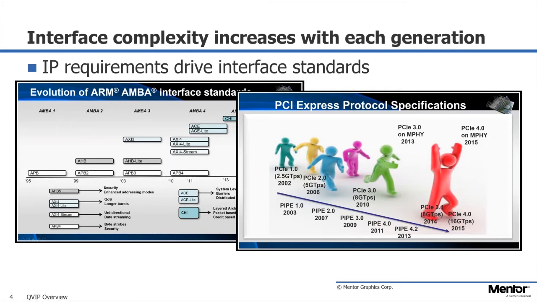If we look at PCI Express, in 2002 when PCIe first started, we were talking about a 2.5 gigabit type interface. Those interfaces have gotten more and more complex, to the point that in PCIe 4.0 we were at 16 gigabits, and it's continued to get more complicated from there.